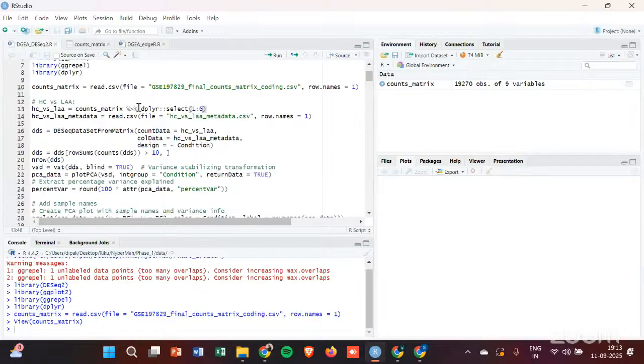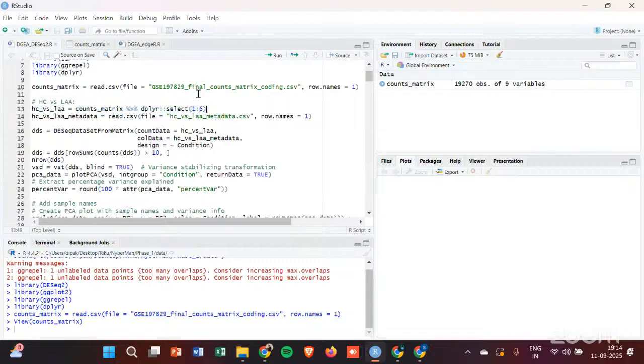Dplyr just makes the syntax a bit easier in my opinion, and apparently it works a bit faster as well on large data. So that is why I have used dplyr here. Don't worry if you don't want to use dplyr, you can also do these in base R. That is not a problem. But everybody uses dplyr, that is why I wanted to give you guys a flavor of that as well.